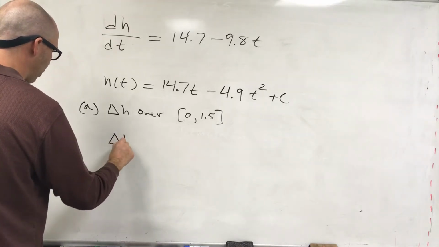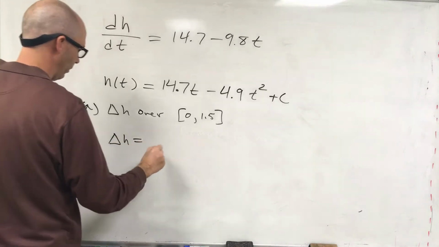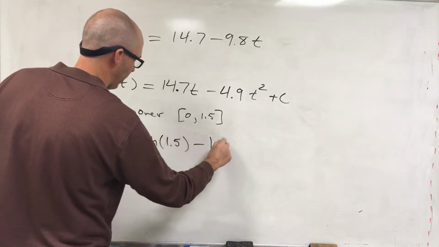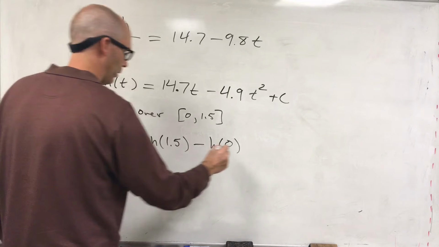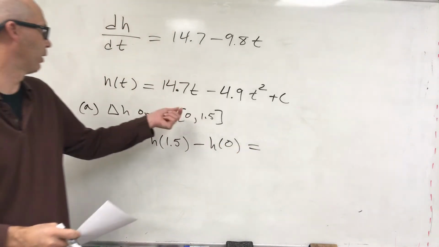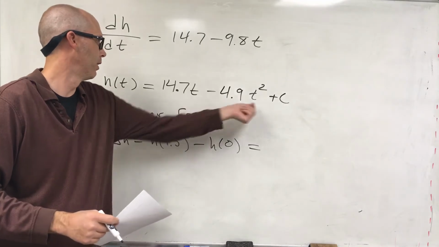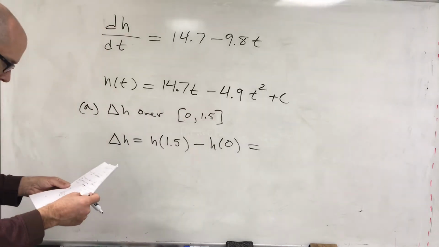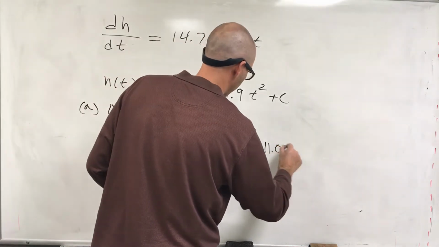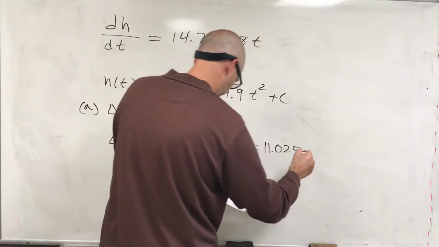So the change in h equals h of 1.5 minus h of 0. For h of 1.5, plug 1.5 into each of these. H of 1.5 is 11.025 plus c.